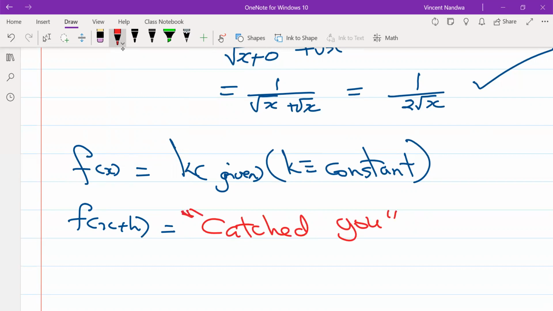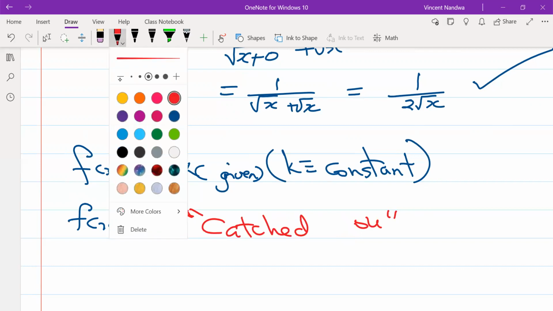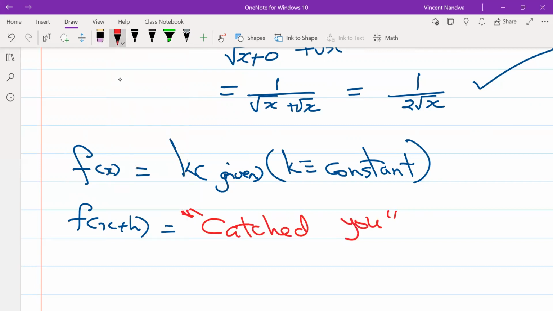These are still machines. You give it an x, it gives you a constant value k. What happens when you give it x plus h?